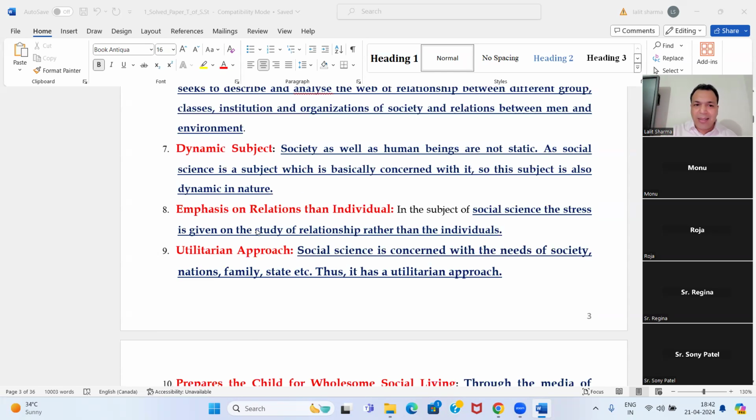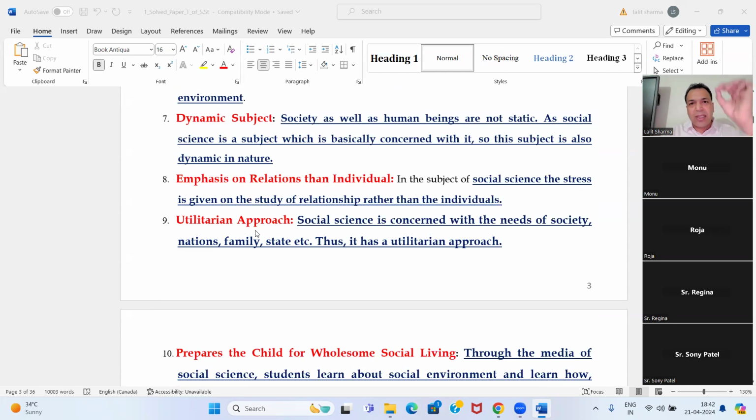Next is emphasis on relations rather than the individual. Look, this is very important because it talks about society. Psychology talks about the individual, because every person has a different taste, different attitude, different aptitude.